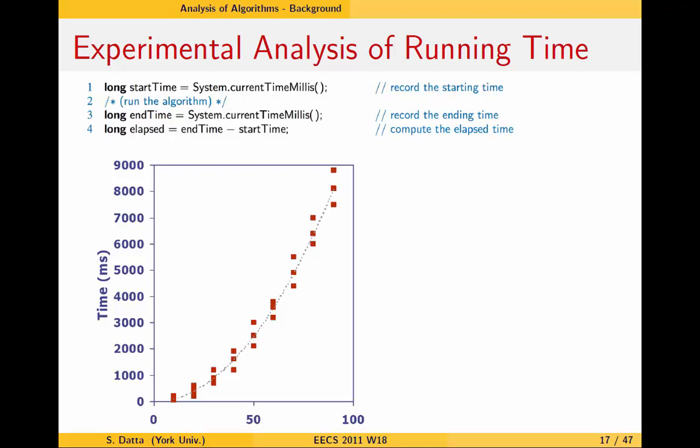The x-axis typically is the input size, the y-axis is time, and for each input size, you generate different inputs of the same size, in this case 3 different ones. You measure the runtimes, and if you're lucky, they map very cleanly to a curve like this. So you fit a curve, and that gives you at least an approximate expression for the running time of your algorithm.